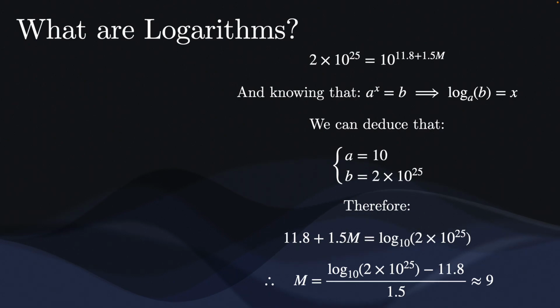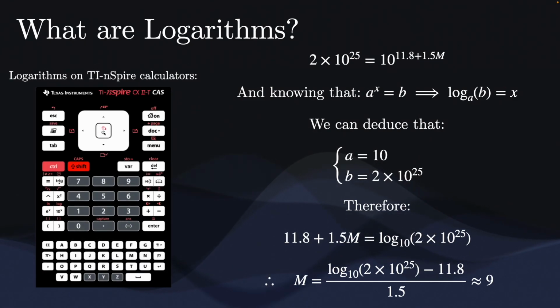The way I was able to do this was obviously not in my head. I used a calculator, and I think that most of you are probably using a TI Nspire Texas Instruments calculator. If you are, I'll show you real quick how to find the log function on your calculator. If you don't have the same calculator, then feel free to skip. I'm sure it's going to be something similar, but I'm not too sure, so I can't advise you on that.